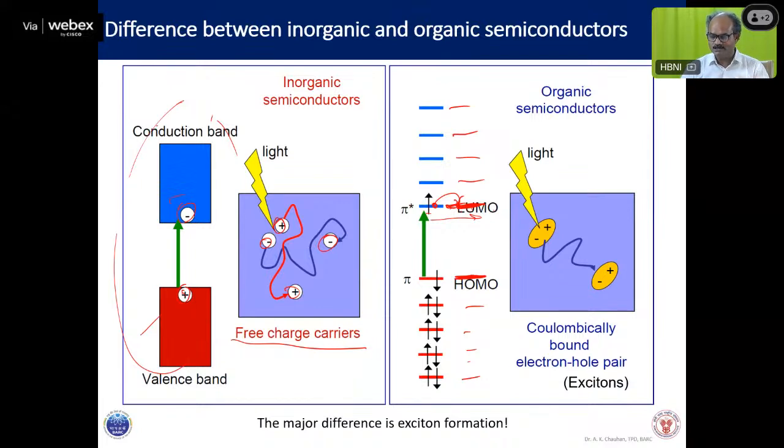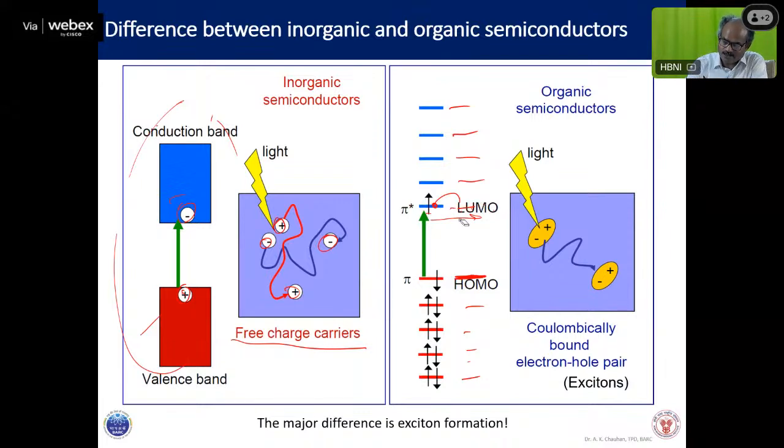If the mobility is low, the charge carriers move slowly, and in that case there is a more probability of recombination. And there is one more thing. Here we call them the free charge carrier, an electron and hole pair separated from each other.